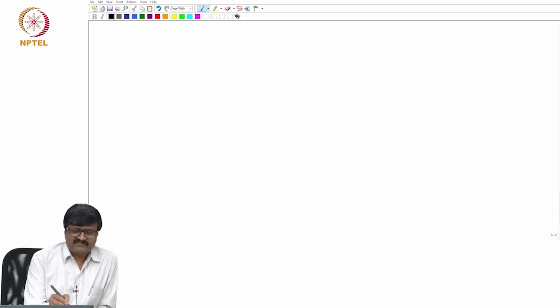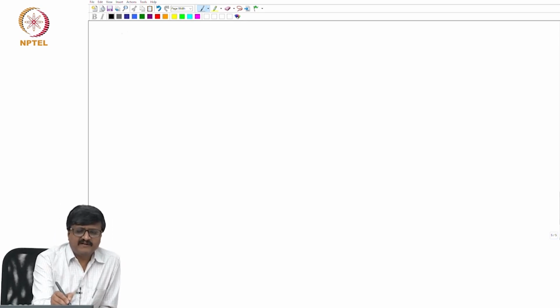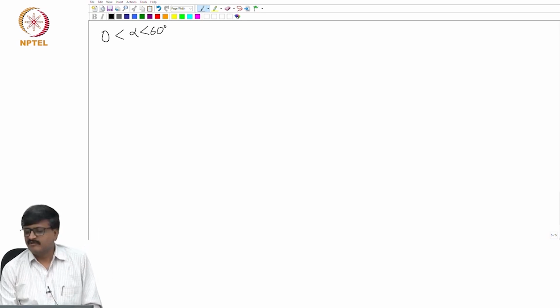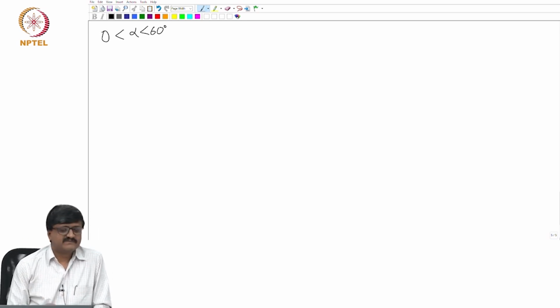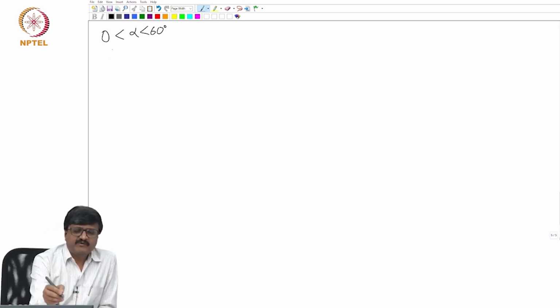Now, let us see what happens if alpha is less than 60 degrees, and of course greater than, what is the minimum possible value of alpha? 0. So, between 0 and 60, what will be the waveform? So, what I want is the voltage across valve 1.